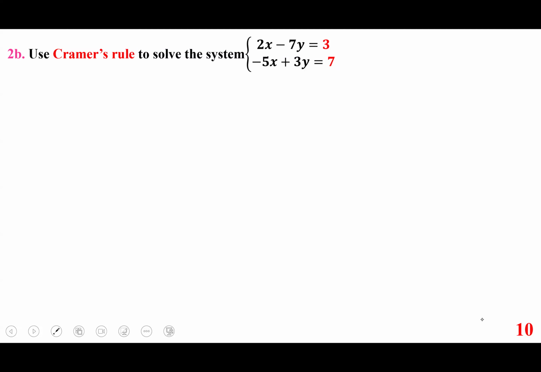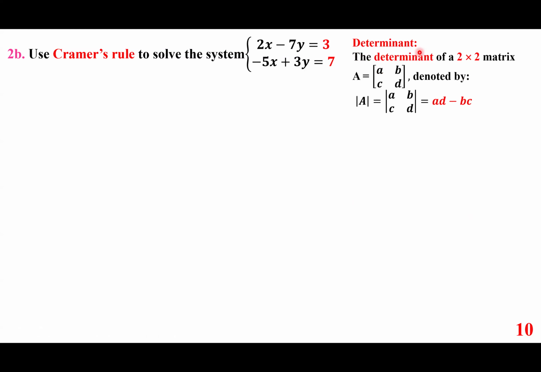So we're going to discuss what is called the determinant. The determinant of a 2 by 2 matrix, if the matrix A has elements a, b, c, d, denoted by this determinant symbol looking like an absolute value, is the cross product ad minus bc. That's by definition.